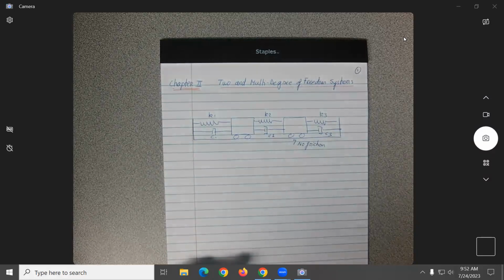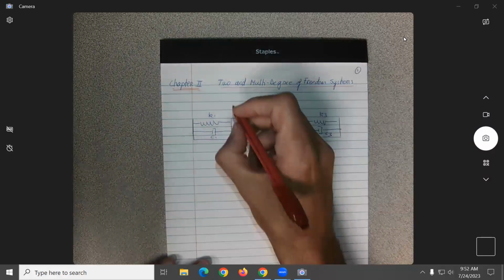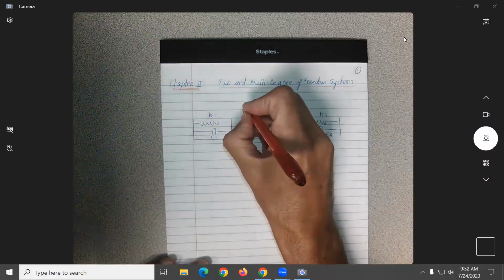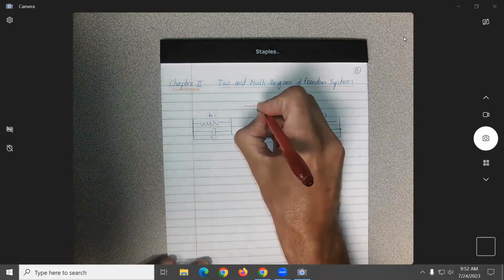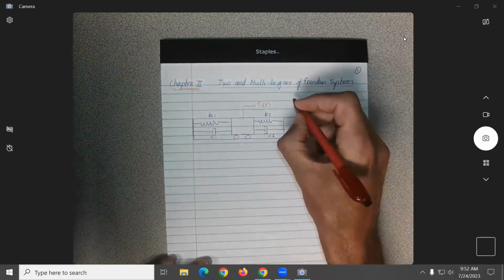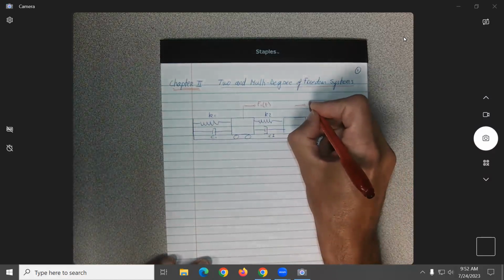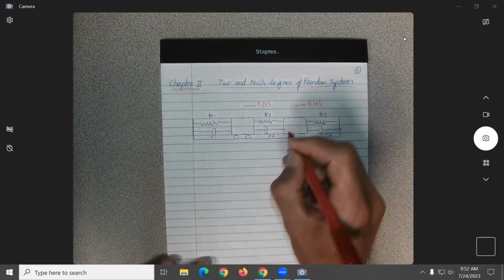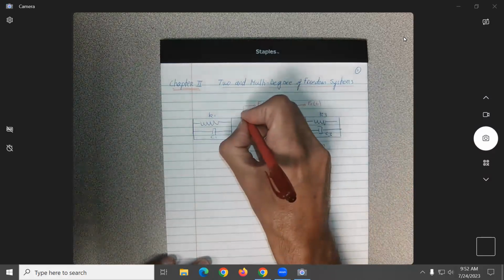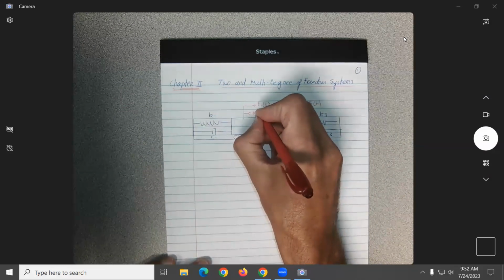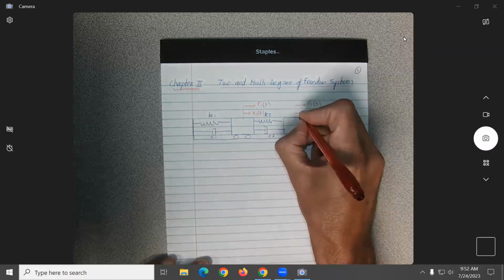And to make this as general as we can, we're going to say that this is subjected to a force F1. This is subjected to a force F2. And this will be the origin of our coordinate system x1 of t.